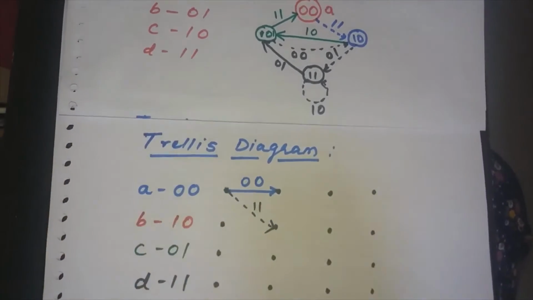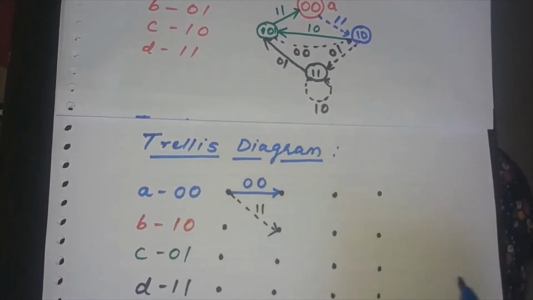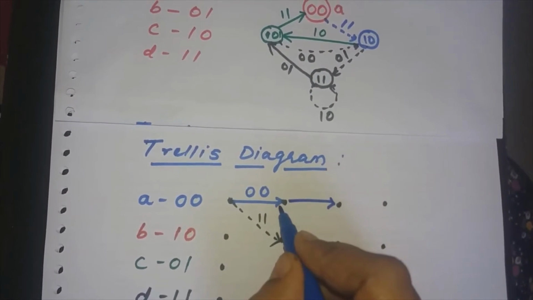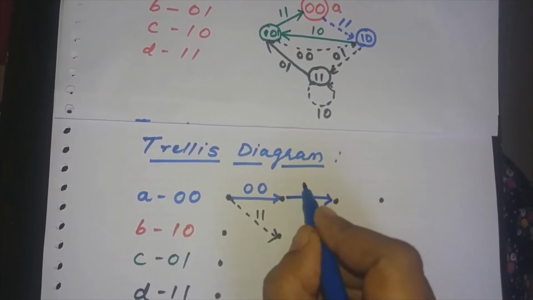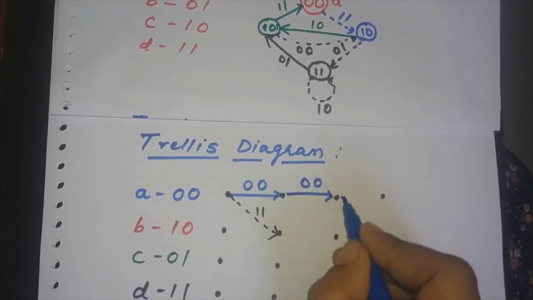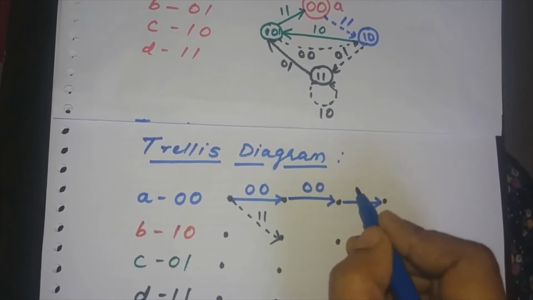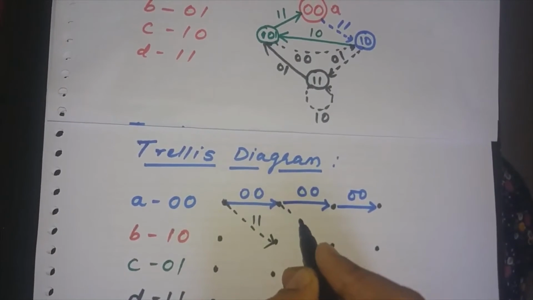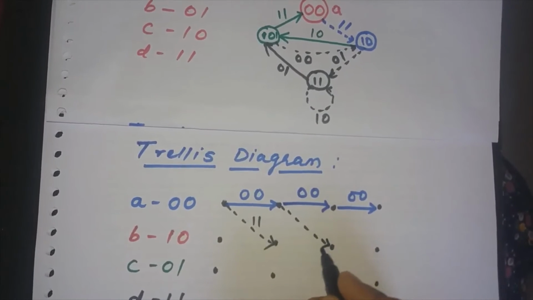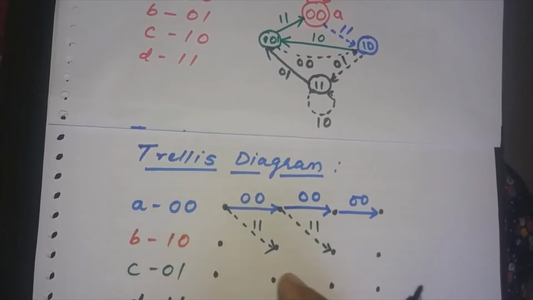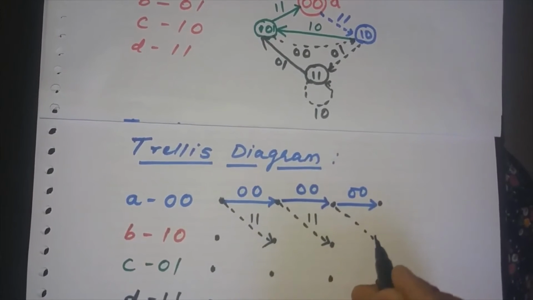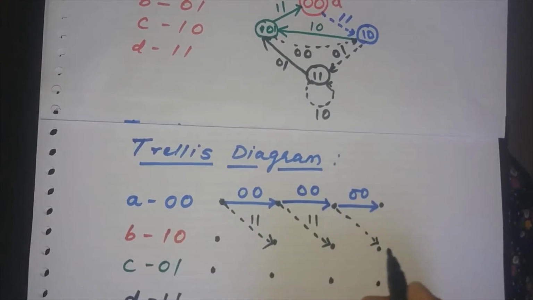Now this trellis can continue from this state 0, 0 to the same state 0, 0 with output 0, 0. Similarly from the third column to the fourth column. Again, the second possibility, when input is 1, we move to state 1, 0 and the output is 1, 1, repeated for the next columns also.